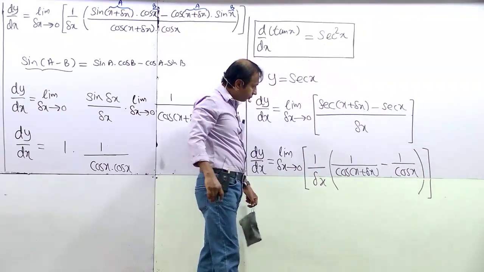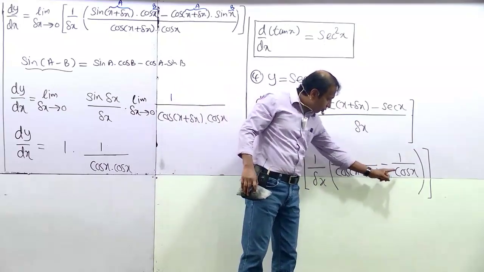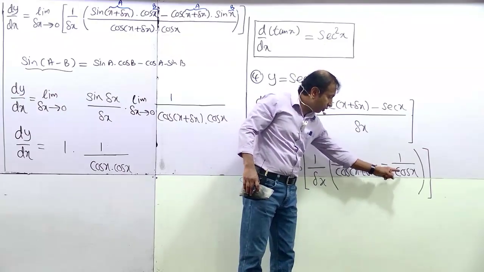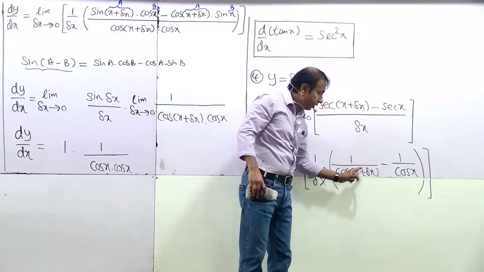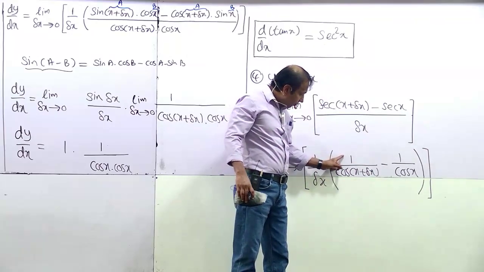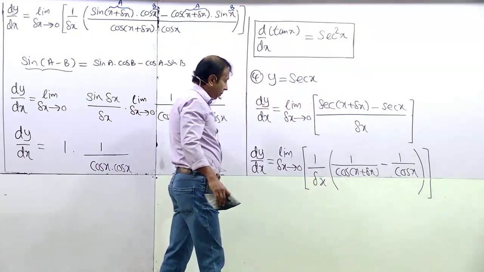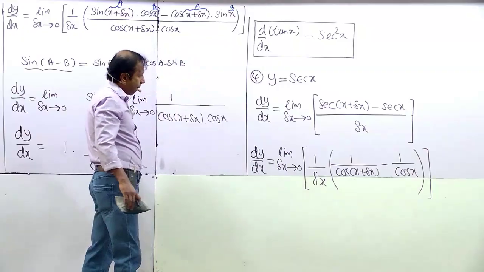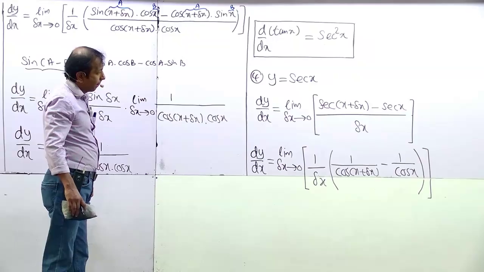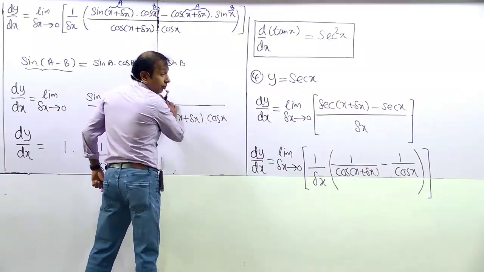This way. Now, take the product of these two as a common denominator, then this cos x comes in here, this cos(x plus delta x) comes in here. Then in the numerator you get cos C minus cos D form, then apply that formula.